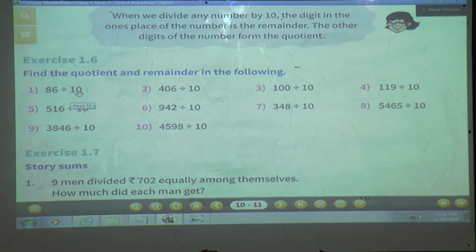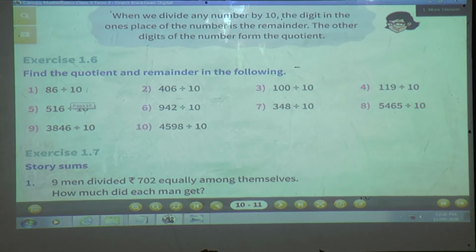Now here, 86 divided by 10. In 86, at ones place which number you can see? 6 is there. So after solving our remainder should be 6, and the quotient we will get is 8 tens, that is 80.